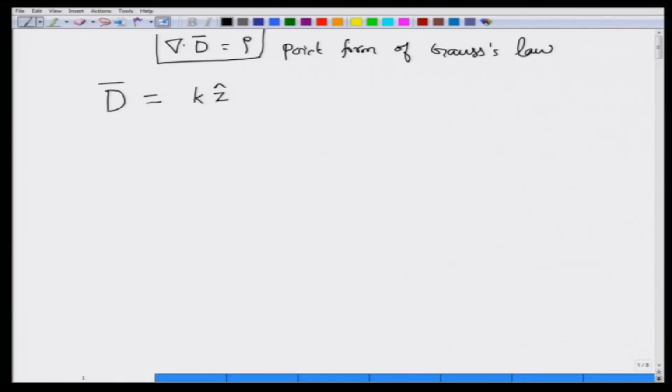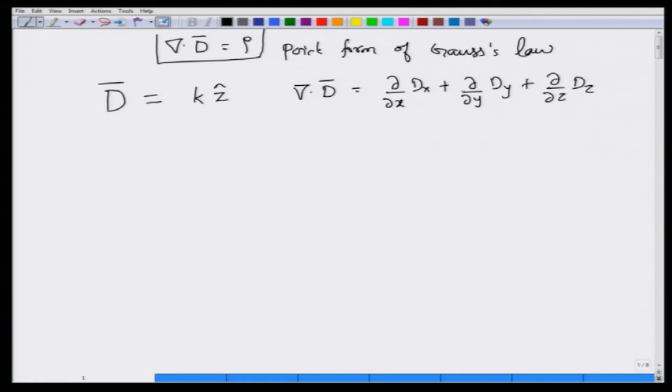If I ask you to evaluate the divergence for this particular vector field, how would you proceed? You would recognize that this is in Cartesian coordinates, and then you can use the formula for del dot D that we developed in the last class, which is del x of Dx plus del y of Dy plus del z of Dz, and then substitute for the corresponding components.